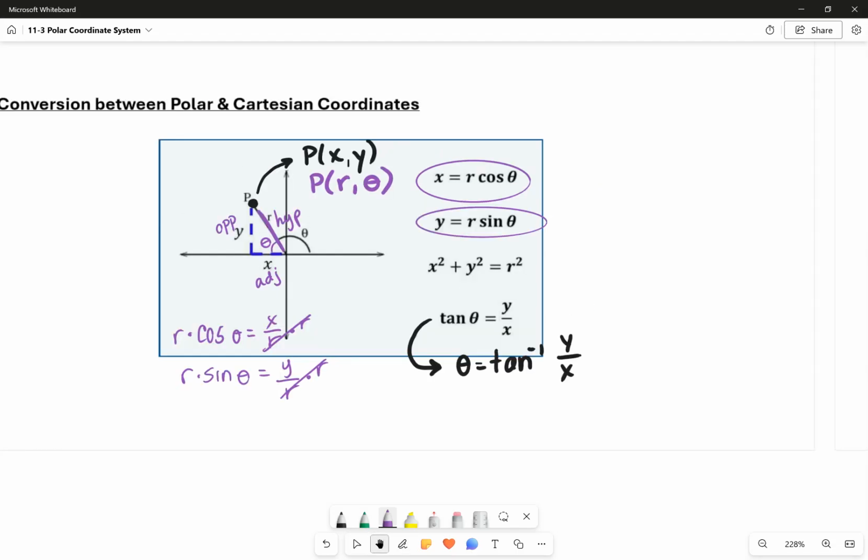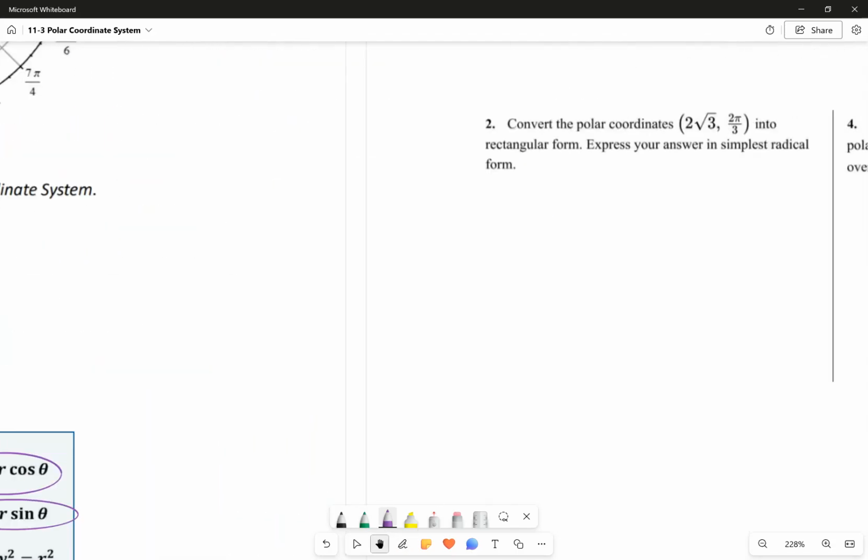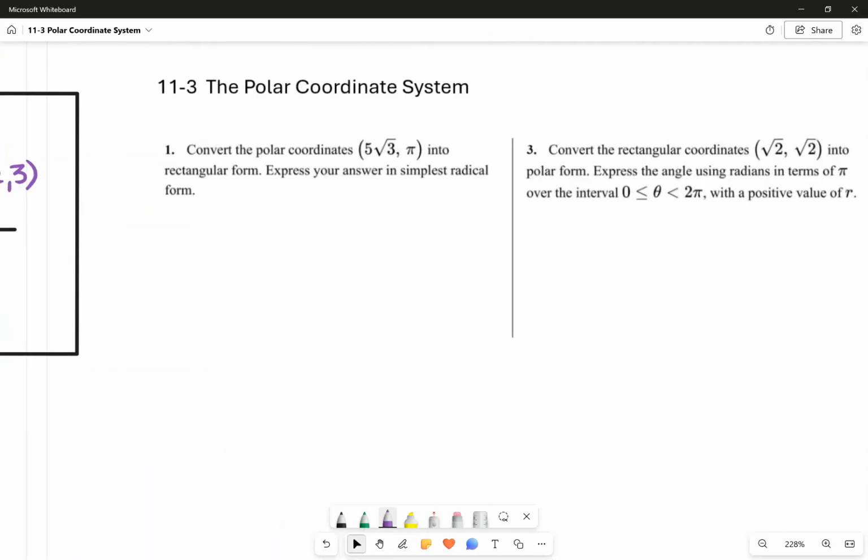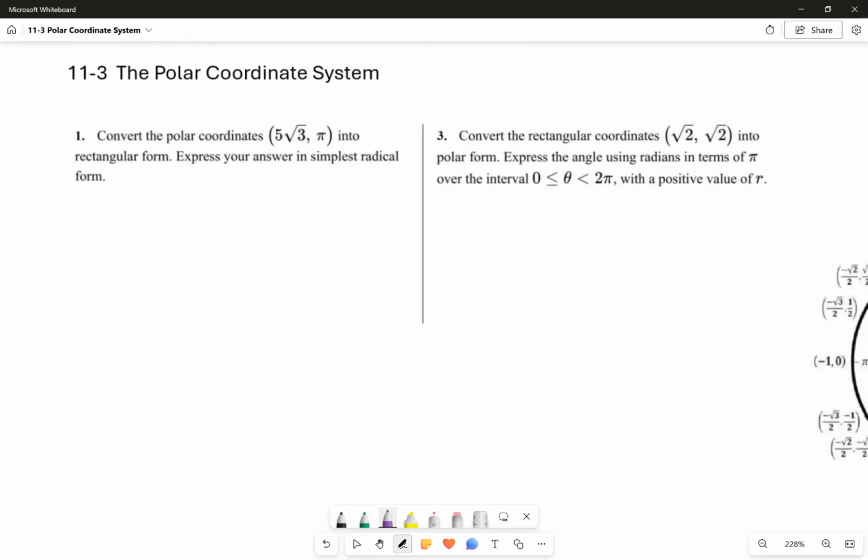So look how this is used in problems such as these. So sometimes you are going to be given polar coordinates and you need to translate them into a rectangular format. So here, as you can see, this is polar coordinates, right? So polar coordinates says that the first space is my radius, so that's my r.